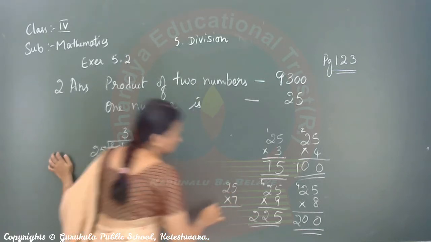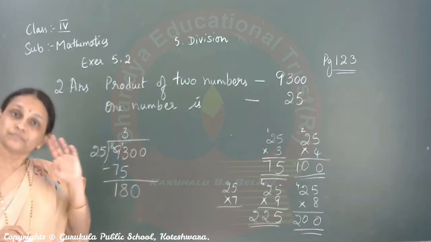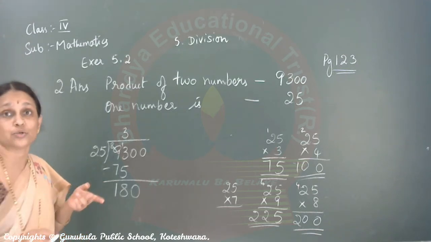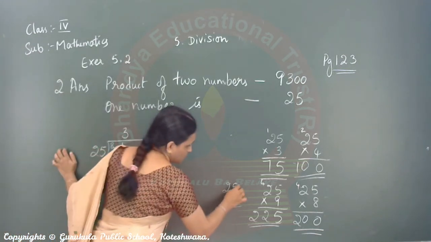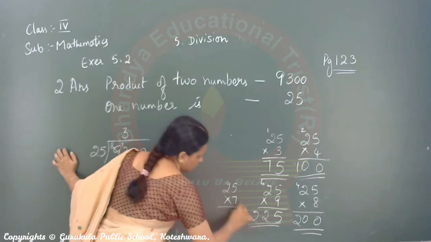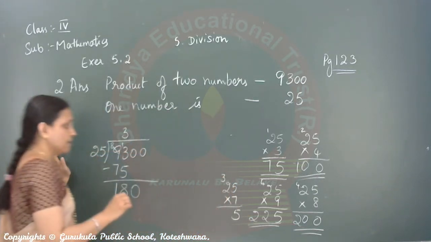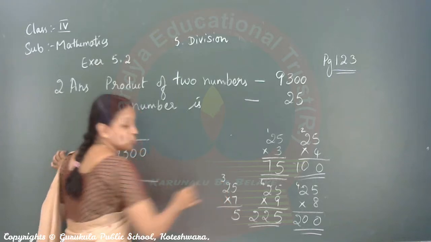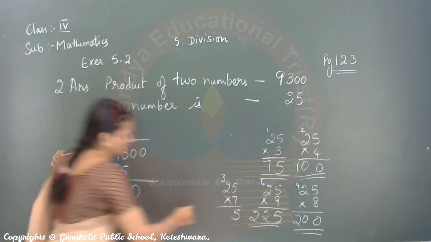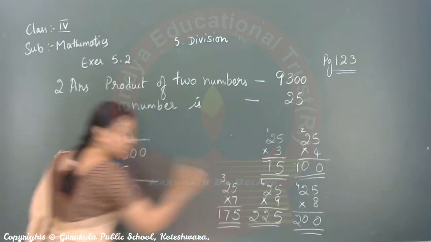So, 25 into 7. Just it is all mind calculation that you have to learn. 5 7s are 35. 3 carry. 7 2s are 14 plus 3, 17. This will work.